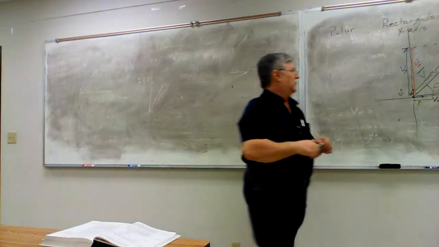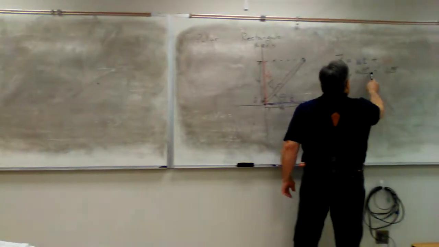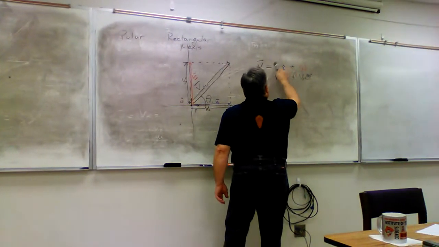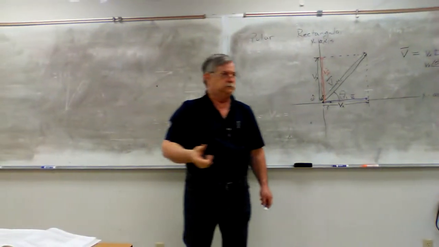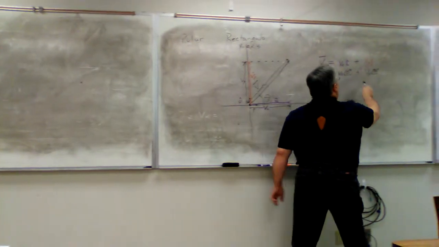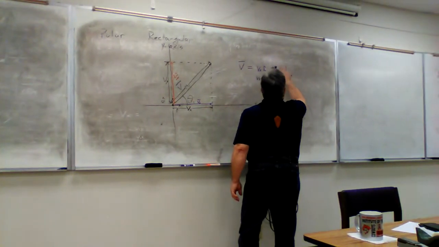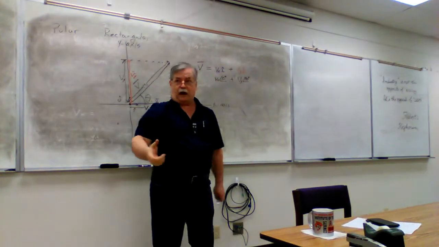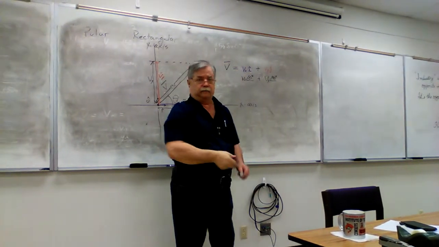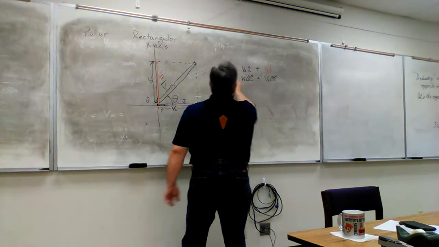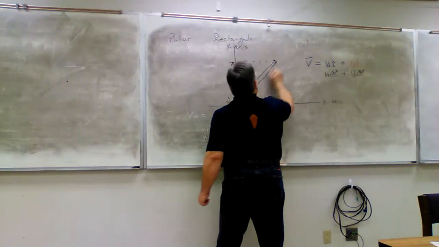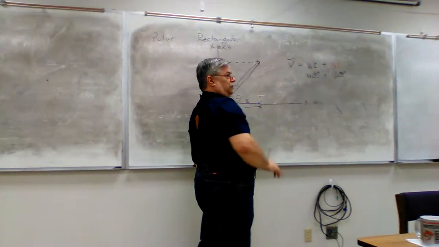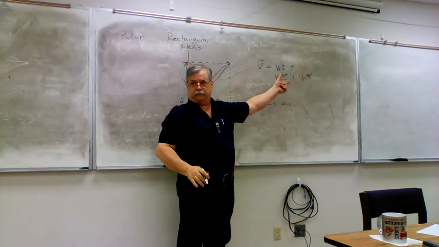This and this both describe the same vector. This vector, which is here, is the vector sum of those two vectors.